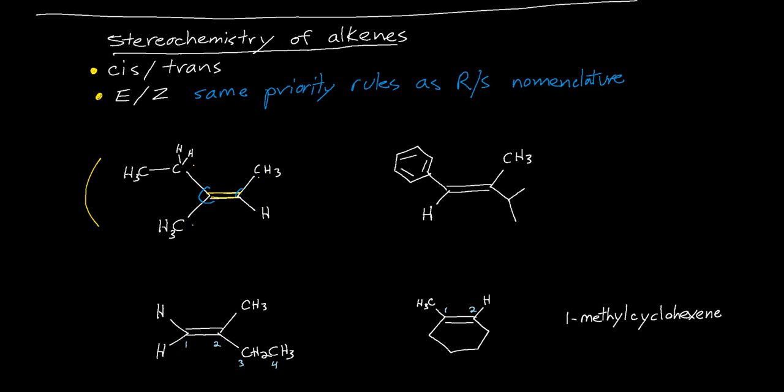You look at each carbon. So if we look at the carbon on the left and prioritize the 2 groups attached to it on that side of the alkene. So you're taking sides here. The ethyl group would be priority 1 and the methyl group would be priority 2 using those same priority rules. Then you go over to the other carbon and assign the methyl 1 and the proton 2, lowest value.